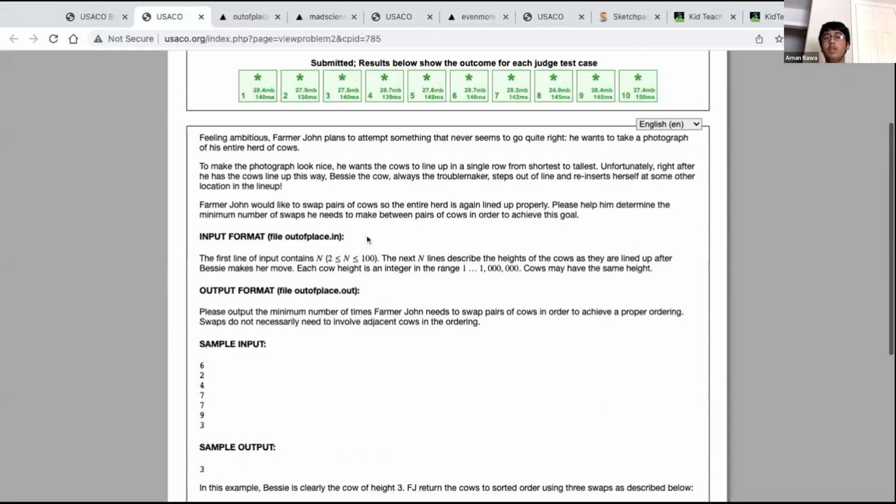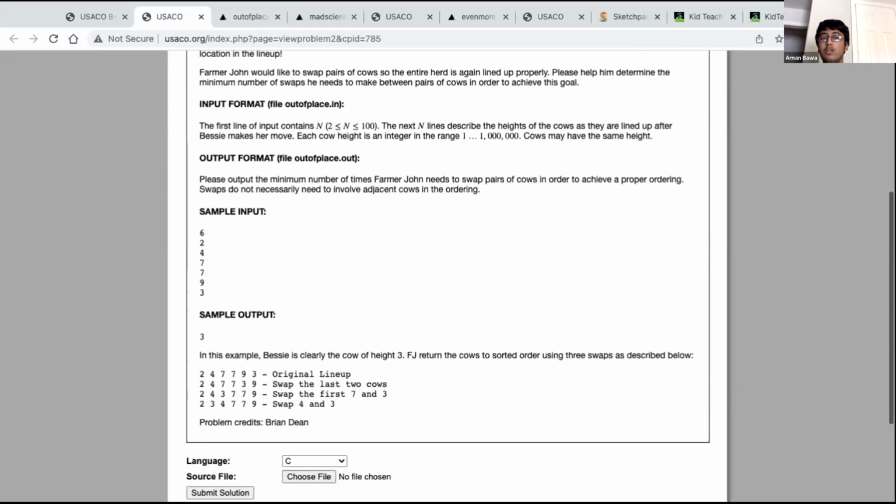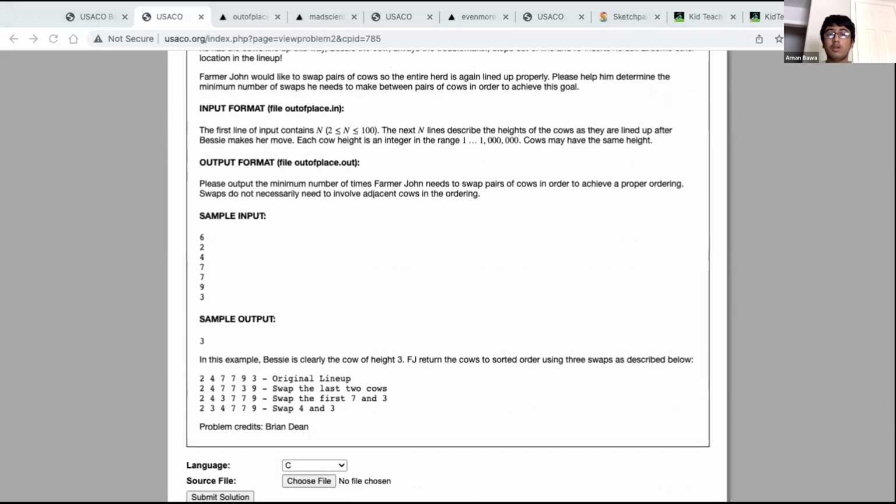When you're submitting old problems for practice, you've also got to use file input and output. So yeah, that's what I'm going to do here.